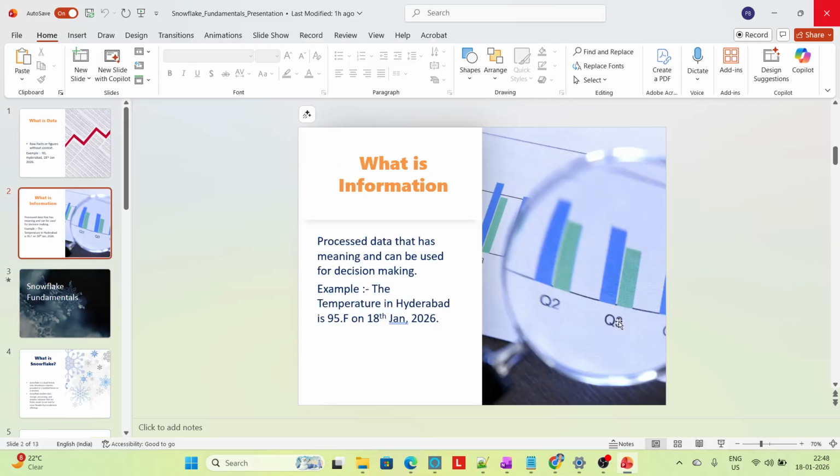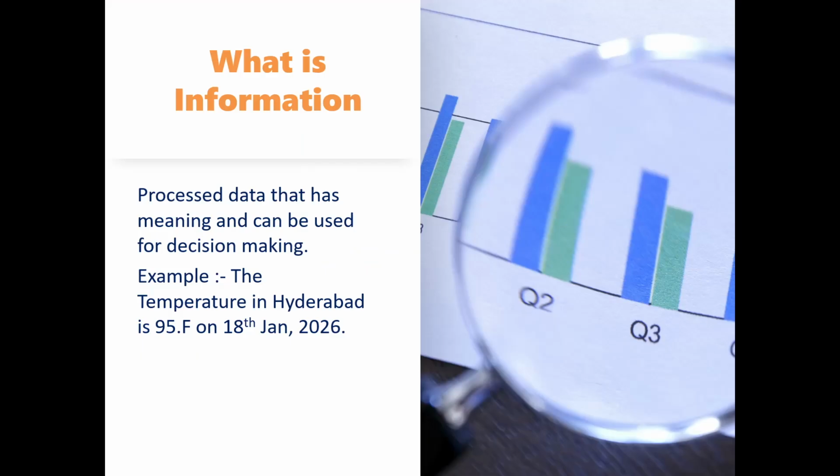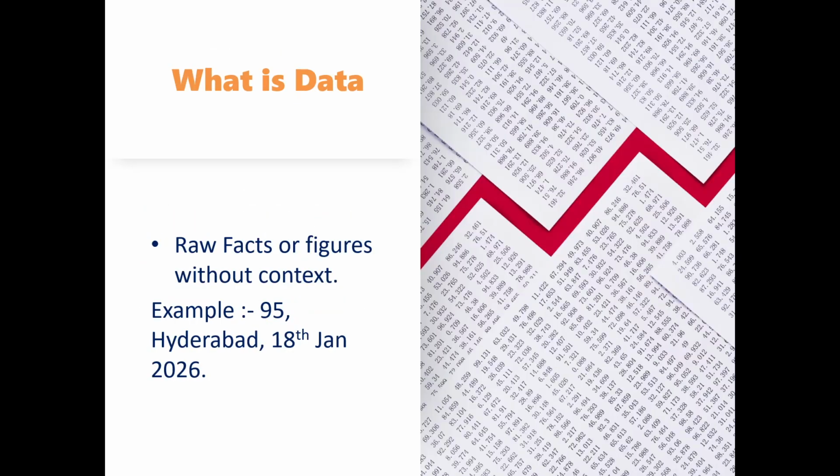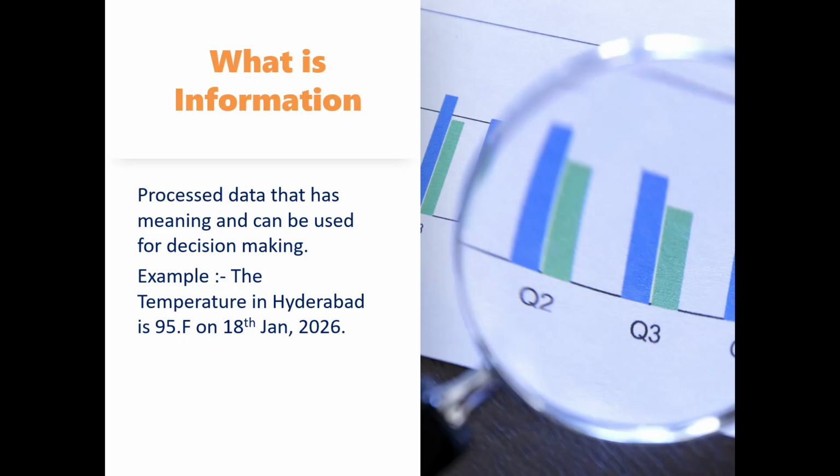So what is information? Information is processed data that has meaning and can be used for decision making. For example, in the previous slide, 95, Hyderabad, 18 Jan 2026 is called data. When I process the data, it has meaning, and then we can use it for decision making.